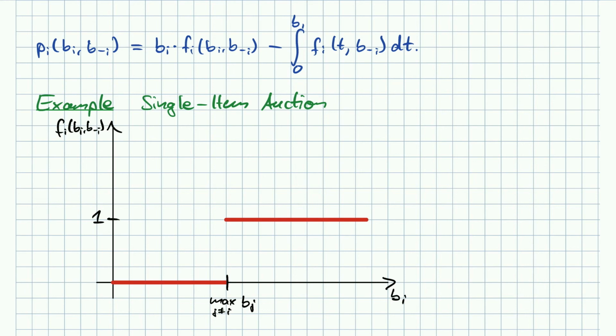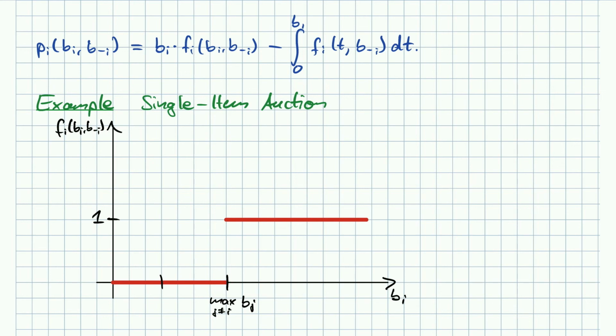Now, what will this formula tell us? How much will i have to pay? So this, of course, depends on how much I'm bidding. Say I'm bidding this much. Then, okay, I'm not getting anything, and what will this be like? Fi of bi will be 0, and also this integral will also be 0 because we're just taking the integral only within here. Good. So I'm not paying anything, I'm not getting anything.